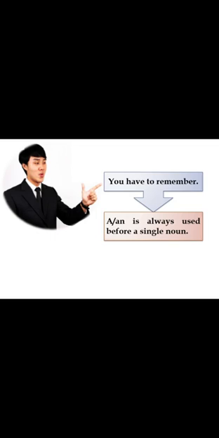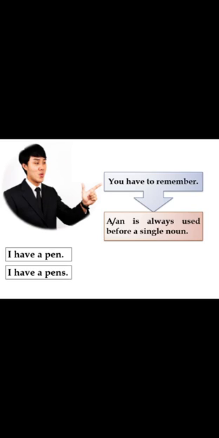That means if the noun is plural, there will never be used A or N. A or N will never be used before a plural noun. It must be singular because A or N means one. I have a pen. I have a pens.